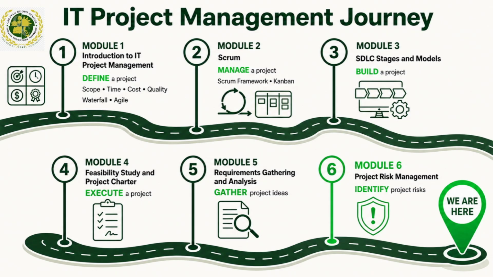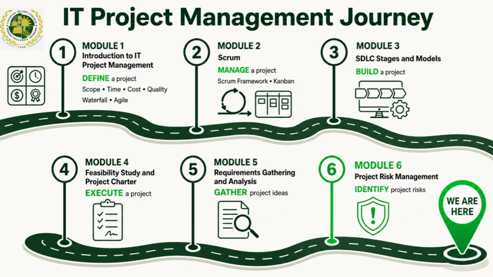So that's module 4. And last Monday, we talked about module 5, where we discussed requirements gathering and analysis. So, from defining, managing, building, executing a project, we now know how to gather requirements for a project. By adding the requirements gathering process to building our project, we learn to make our project more feasible.